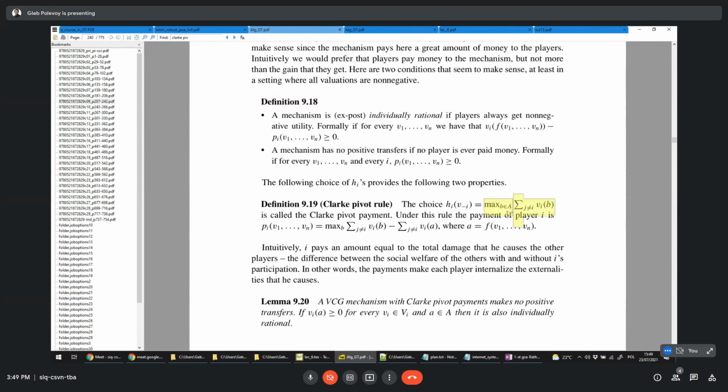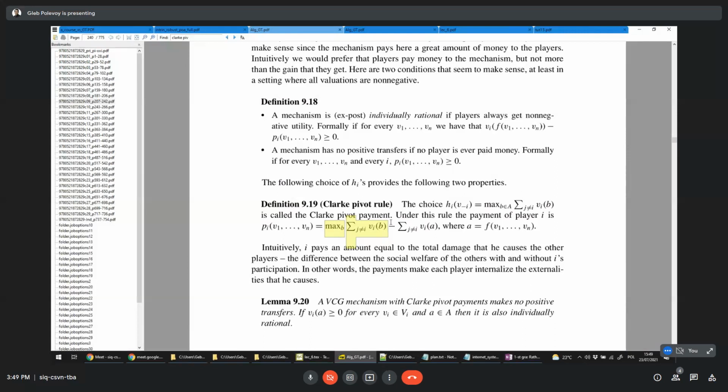It's a bit confusing. Now under this rule, what you pay is h_i minus the sum of what the others get. But h_i is also the sum of what the others get. Simply, h_i is the optimum sum that the others can get if you only want to optimize that. And then you subtract from that the sum of what the others get when you optimize not only what they get, but the total, what they get and what player i gets.